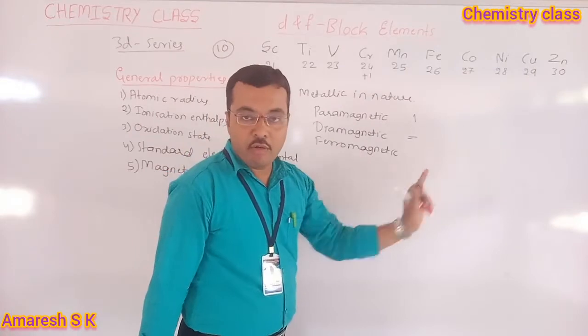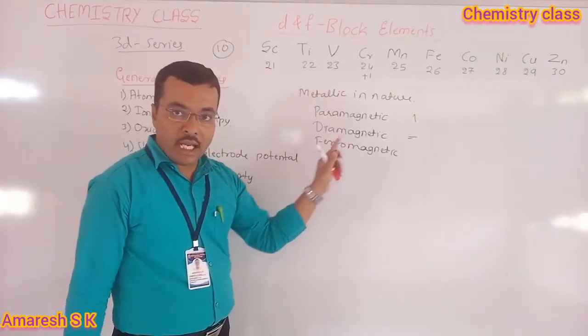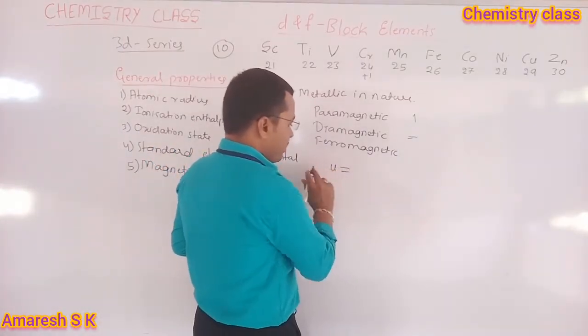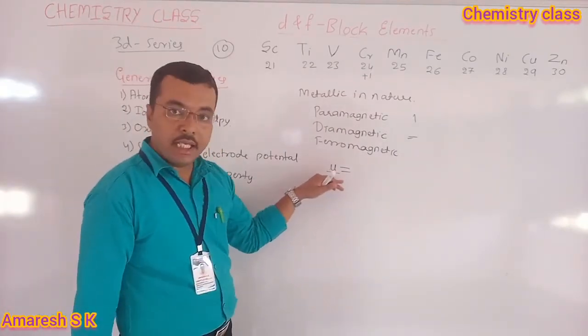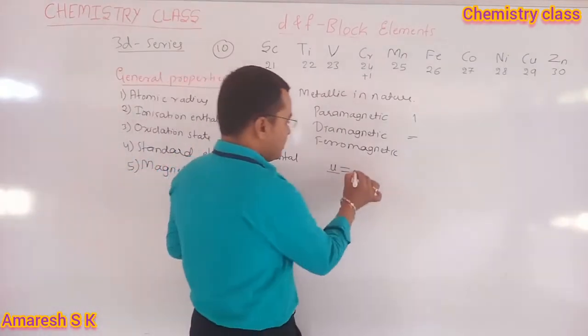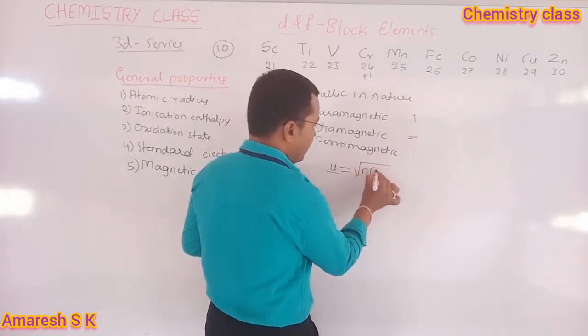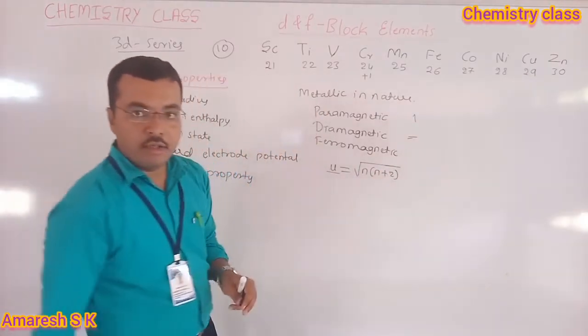the ferromagnetic substances. But this magnetism we can calculate by using the formula, that is mu, the magnetic moment. This can be calculated by using the formula mu is equal to square root of n into n plus 2.